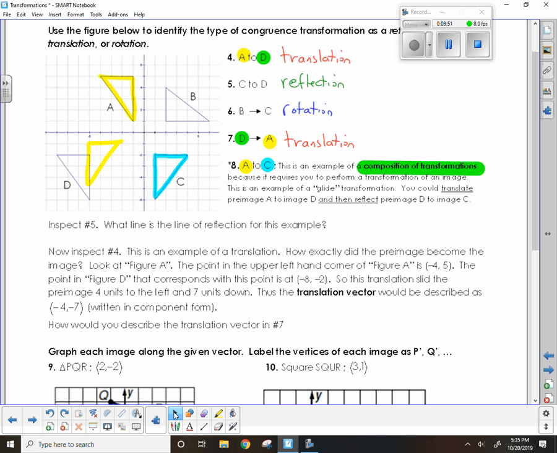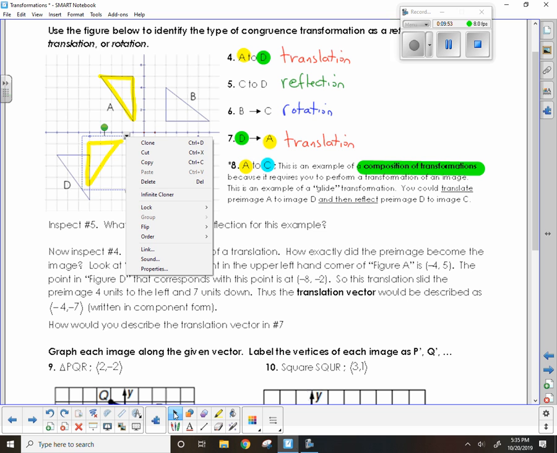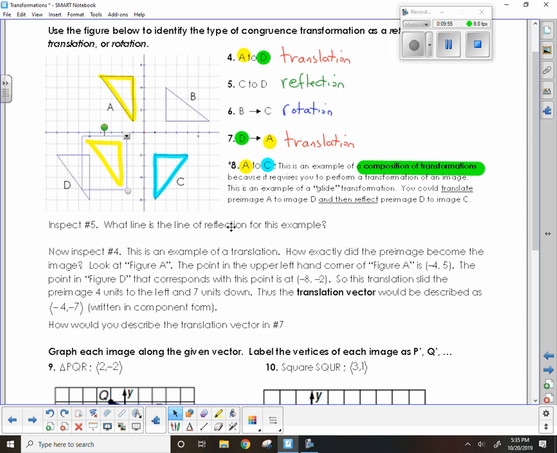So one thing you could do is you could take this original one. Let's go back to how we started. I could take the original and I could translate it down. Ready? 1, 2, 3, 4, 5, 6, 7. And I could translate it over 1, 2. Okay? If I translate, and usually we do the X first, so I go 1, 2 to the right, and then down 7.